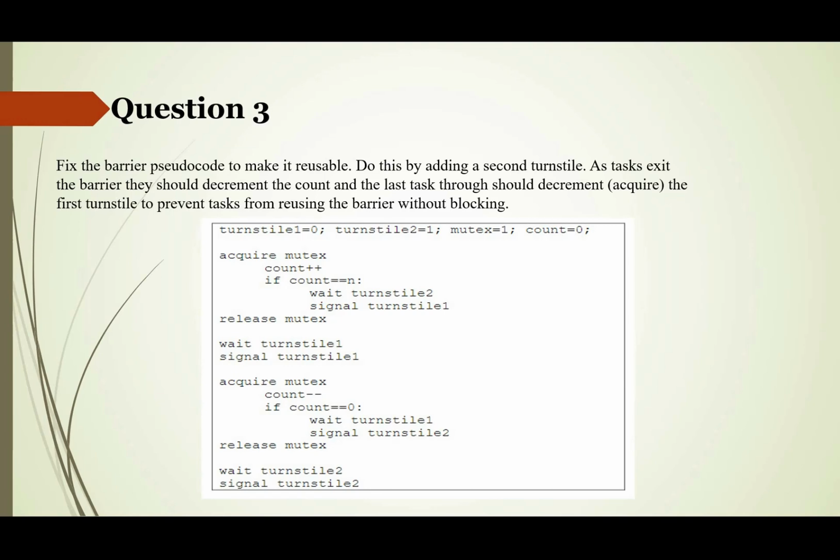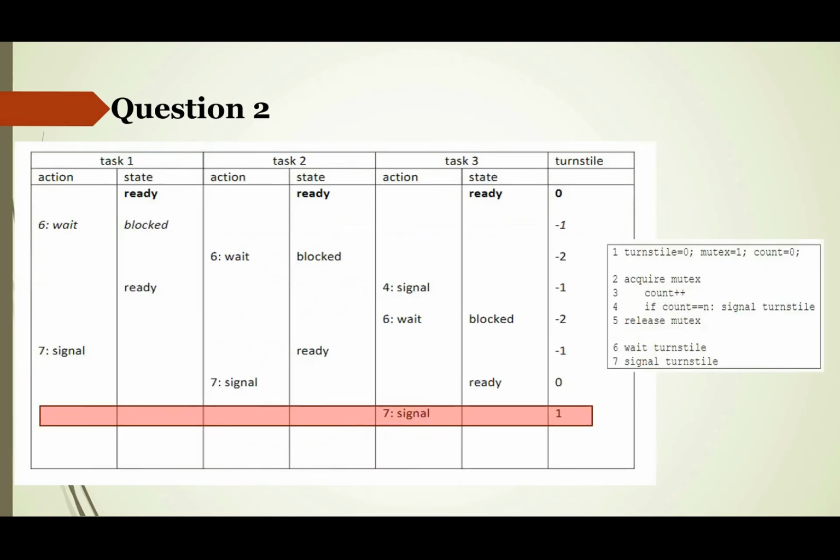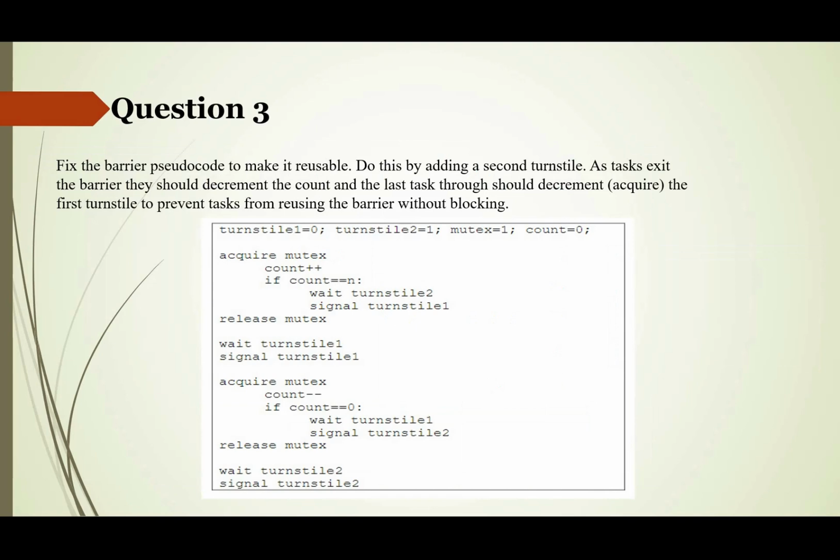So just assume that we are in the last state of question 2. For example, we are in this line where the signal came from task 3 and the turnstile is 1, right? Now assume that we are at the second part of this code, which is the reusable barrier.